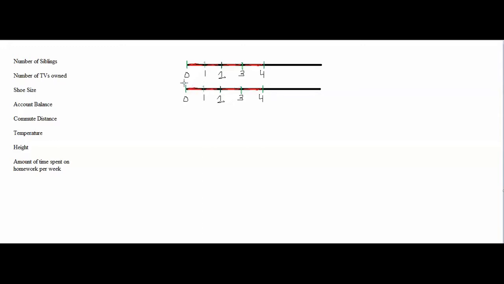A person's data value can fall at any of these green areas. The number of TVs a person owns could be 0, 1, 2, 3, 4, or even 5 or 6. But it can't be anywhere in between 0 and 1, or between 1 and 2. It can't be between 2 whole numbers. So number of TVs is also discrete because we have these red gap areas where a person will never fall on the number line. What about shoe size?